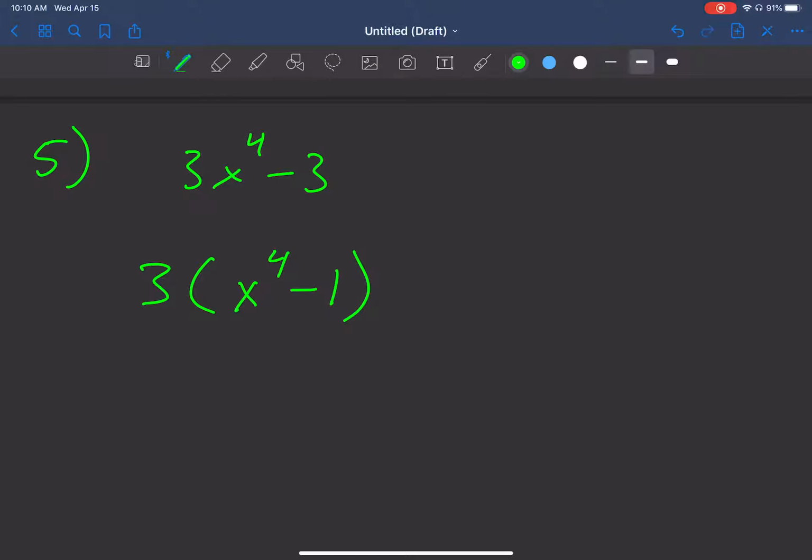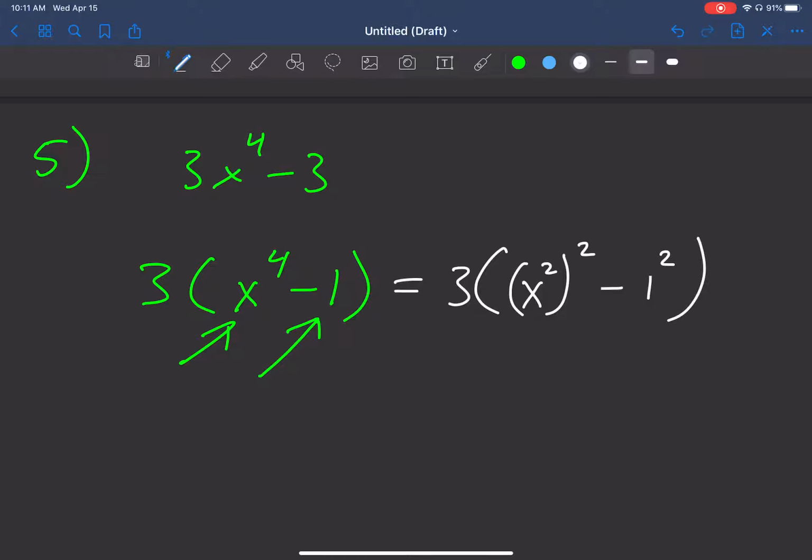Okay, so now what? We want to see if we can apply any of those formulas we learned from last week, which are a plus b squared, a minus b squared, a squared minus b squared, and see if any one of those fits. Well, these are both squares, because I can rewrite this whole thing as 3 times (x squared) squared minus 1 squared.